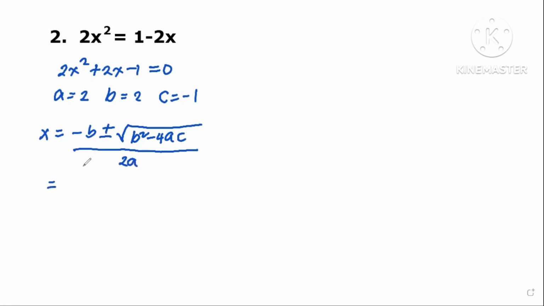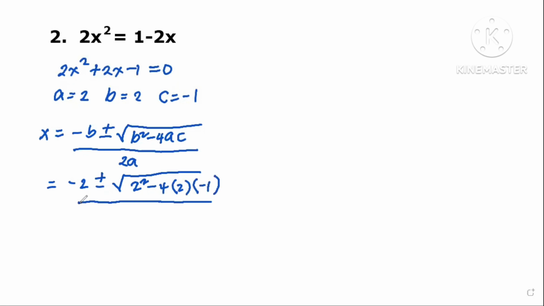Substituting the given values of a, b, and c, we have negative 2 plus minus square root of 2 squared minus 4 times a times c over 2 times 2.